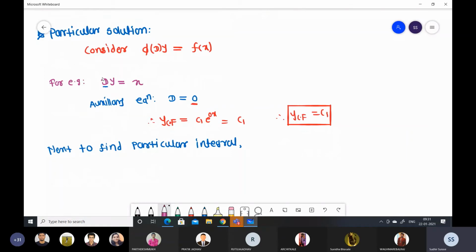Means, see, D stands for derivative, right? So we are using this capital D to denote the differential operator d by dx, right? Then I want to ask you, what will 1 upon D represent?